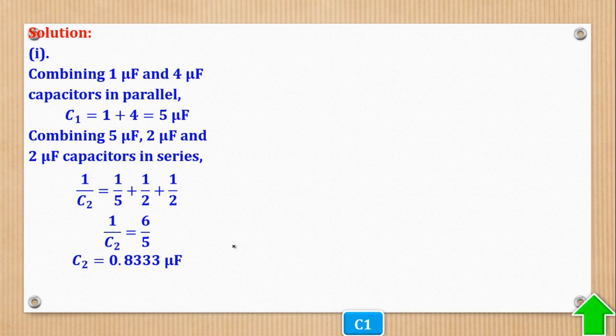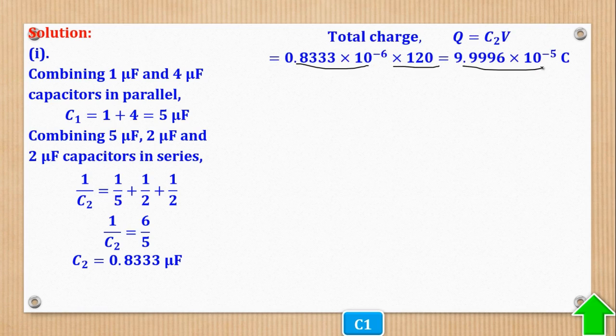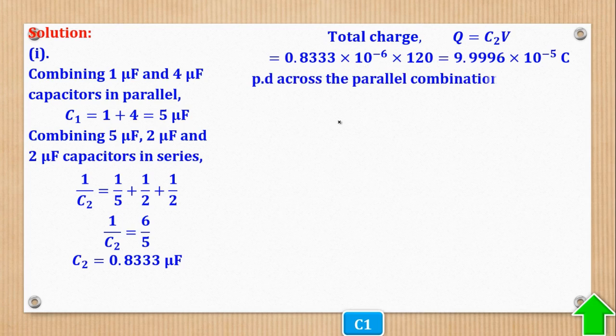Now that I have the total capacitance and also the total PD, I can get the total charge. So total charge will be total capacitance times total PD to give you this. And now that I know the total charge, I can get the PD across the parallel combination.